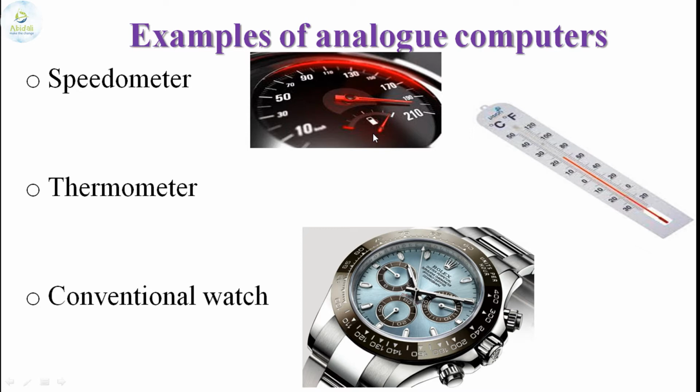The thermometer, which is placed in a room, shows the temperature as the mercury moves up and down. The conventional watches, like a Rolex watch, a very expensive one. All these are examples of analog computers that we use in day-to-day life.